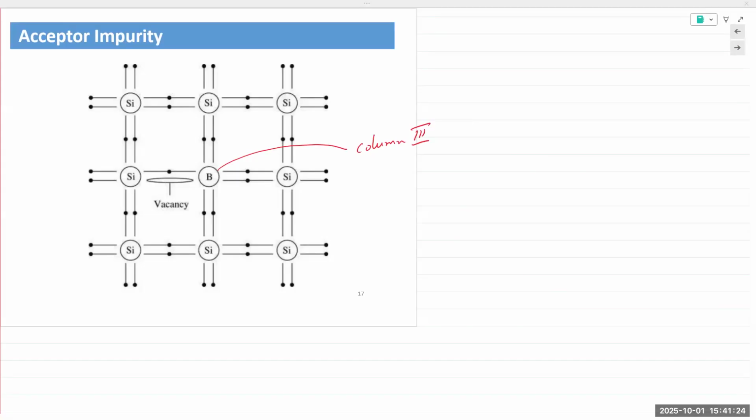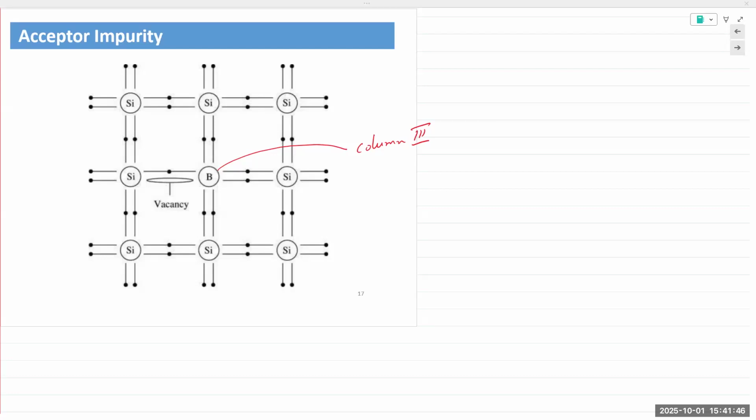Column 3 elements will have 3 electrons in their outermost orbit. What kind of semiconductor would it create? P-type, for positive. But let's see how and why.